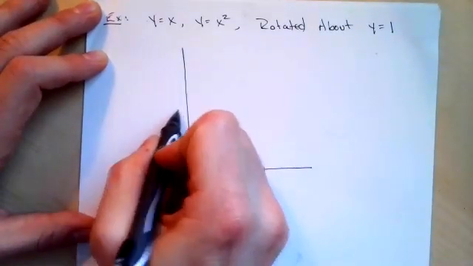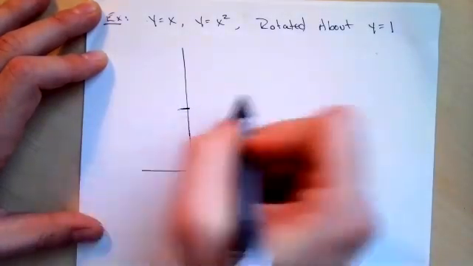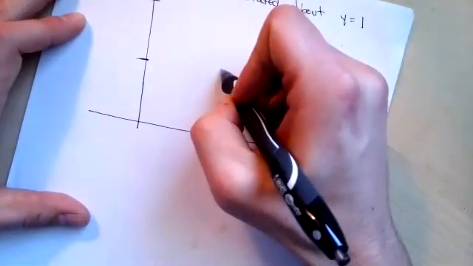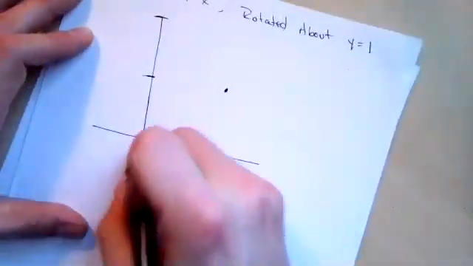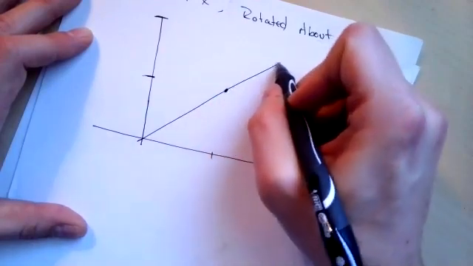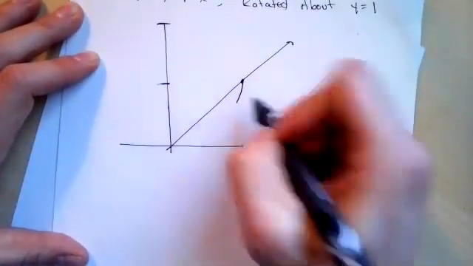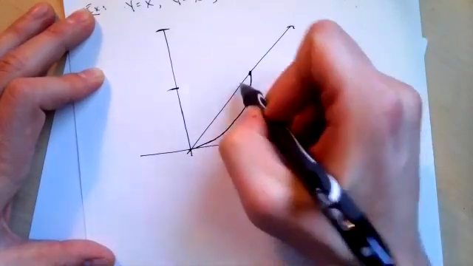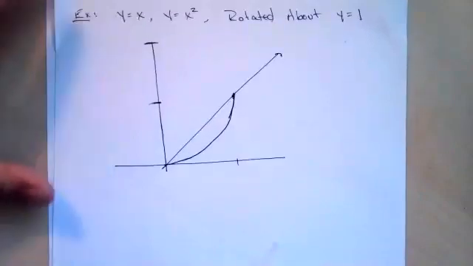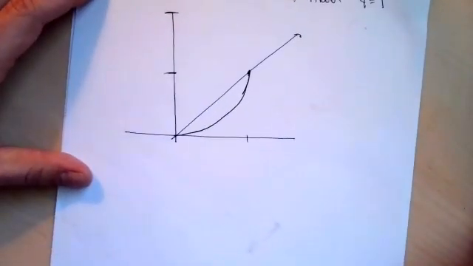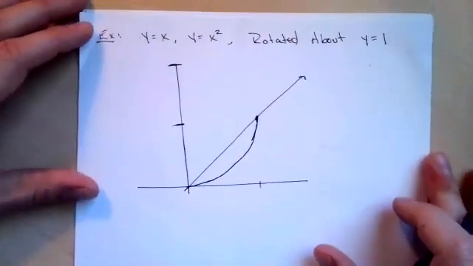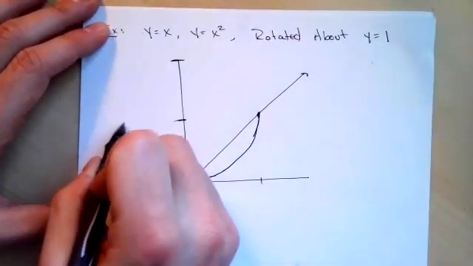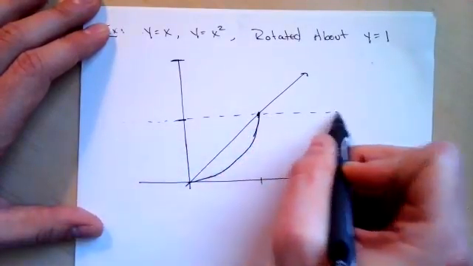So we've got the same function, same shape we're starting with. That's our area. But we're rotating it not about one of the axes, but about a horizontal line, y equals 1.